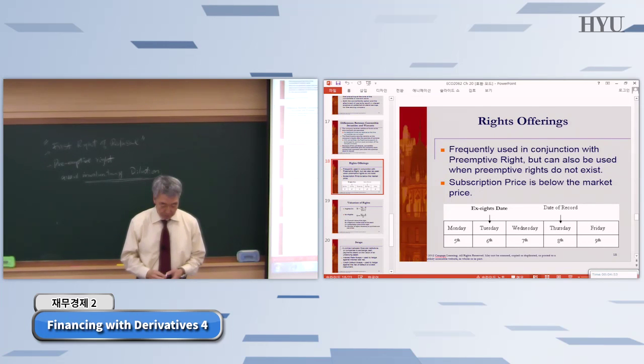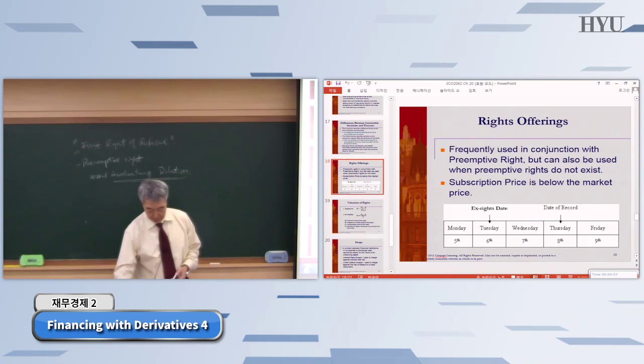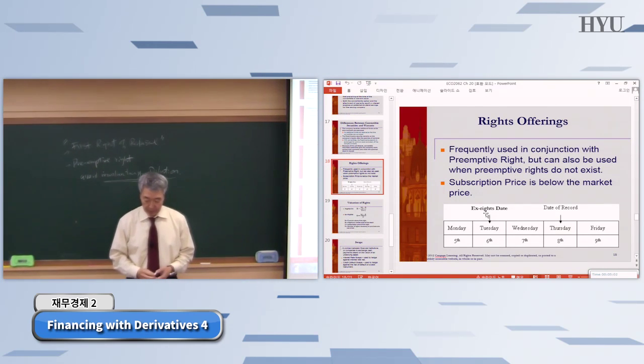Couple of things we have to understand there. It's called subscription price instead of strike price in the case of rights offering. Okay? So subscription price, as I said, is usually below the market price. Okay? And there are date of record and ex-right day. Okay?